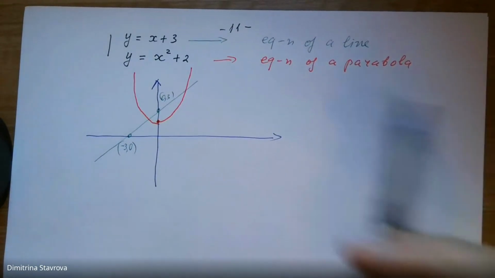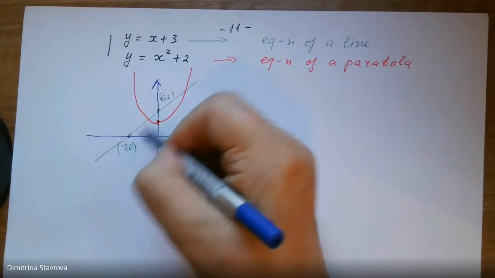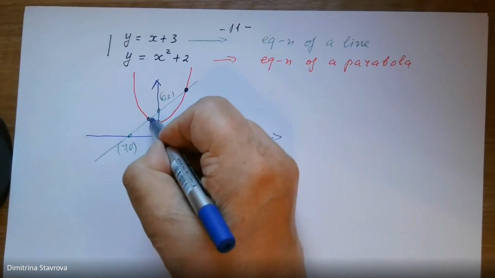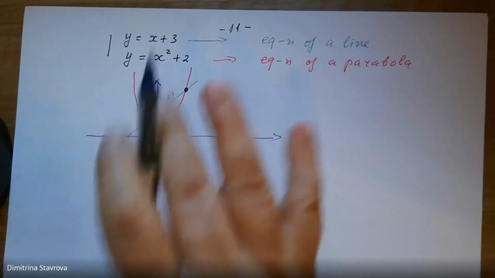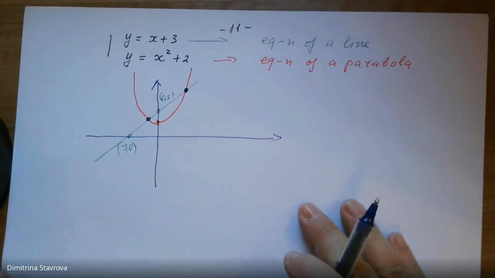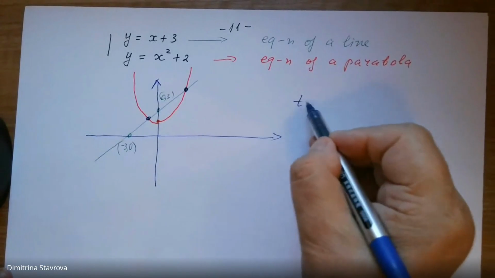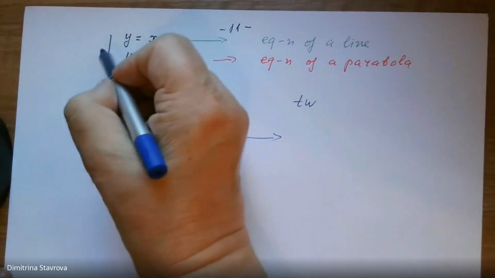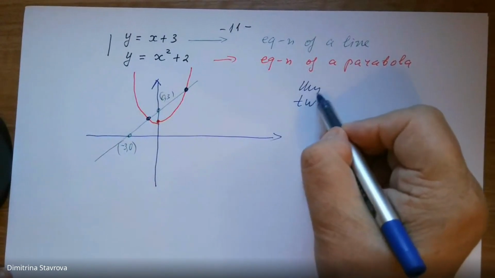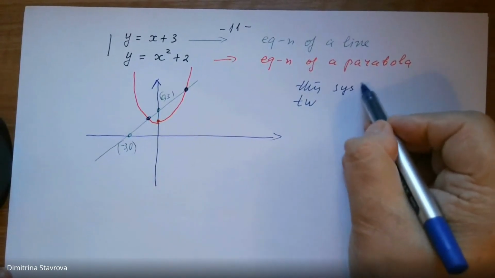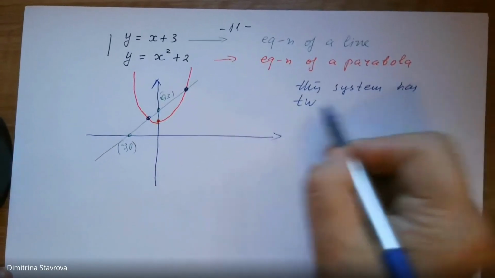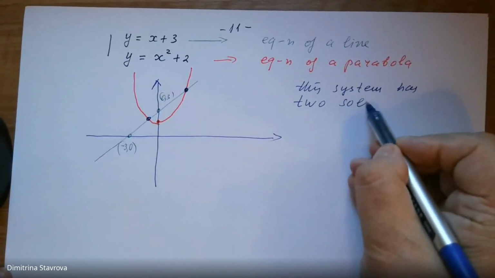How many times do the line and the parabola intersect? Twice. Hence, this specific system has 2 solutions.